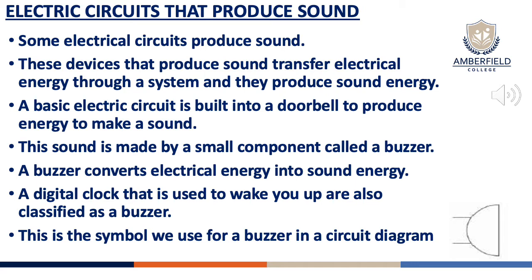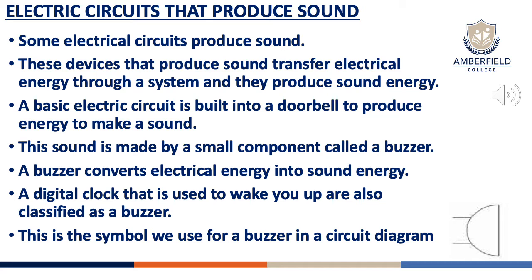Now in grade 4 you learnt about the ear, the inner and the outer ear, and how sound travels through it. A basic electrical circuit is built into a doorbell, and that produces energy to make a sound. So just remember, if someone is ringing your doorbell, it goes through the electrical circuit, so it changes electrical energy into sound energy.